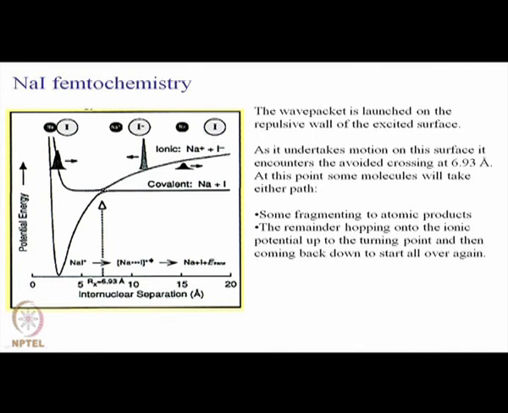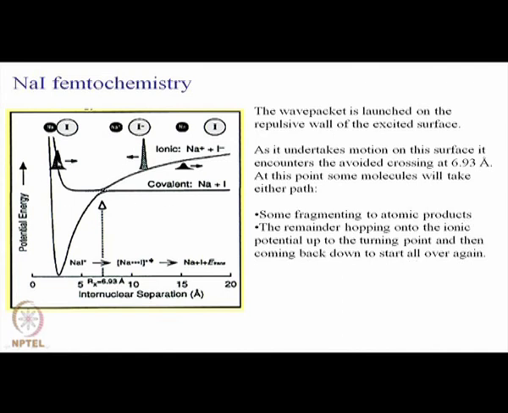So, there is fragmentation to atomic products, these are the atomic products, and the remainder is hopping into the ionic potential surface. This is your ionic potential surface, this is your covalent potential surface, and basically there is a crossing. It goes into the ionic potential up to the turning point, and then comes back down to start all over again.